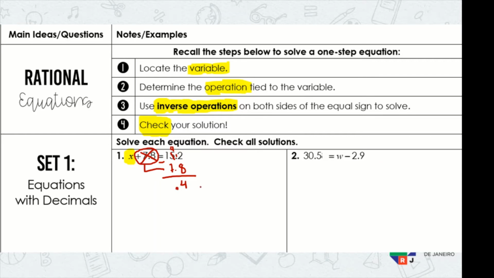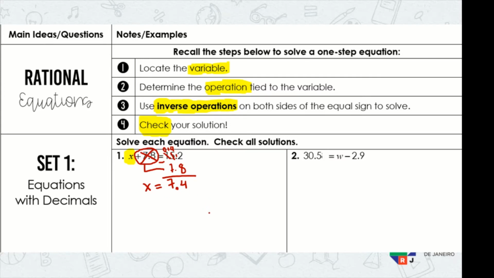I think you remember that, adding and subtracting decimals. 4 minus 7. Hey, 1, can you borrow me? Yes, I can, but I will not have anything after. Okay, no problem. 14 minus 7, 7. Nice. And my answer is x equals 7.4. Great, we found this one.